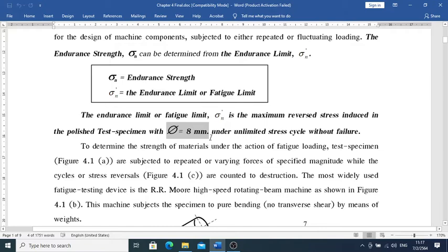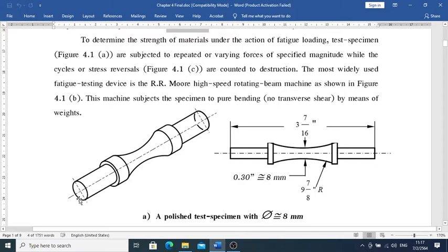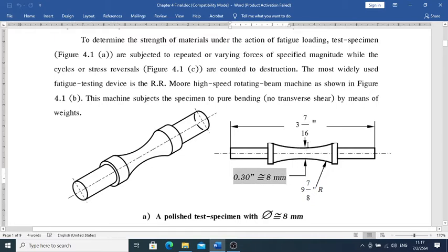So in order to obtain sigma n prime, we have to make a test specimen that looks like this, in a three-dimensional form, and then a two-dimensional form with an 8 millimeter diameter. These are the keywords I just tried to show you.